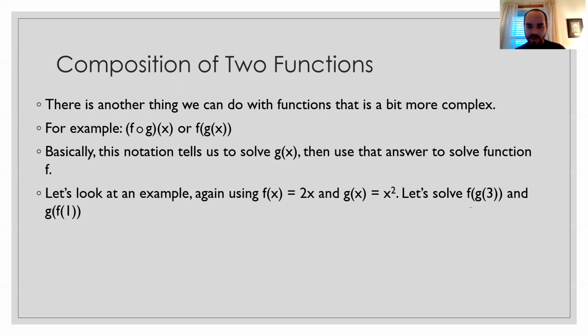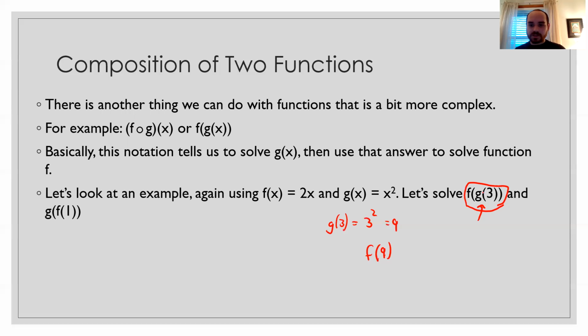So first, looking at f of g of 3. Start with this one, and then we'll go to the other one. So f of g of 3, we first want to solve the inner function. That's g of x. So we're going to solve g of 3. G of 3 equals 3 squared, which equals 9. Then what we have is f of 9, right?